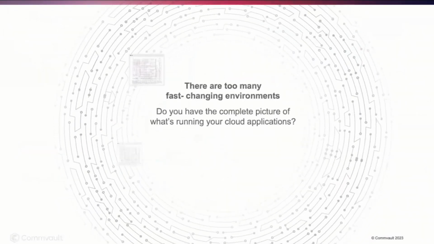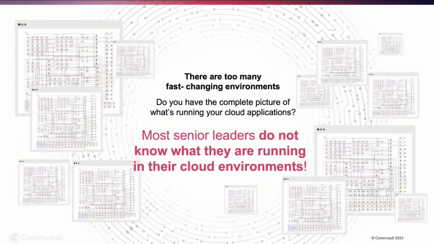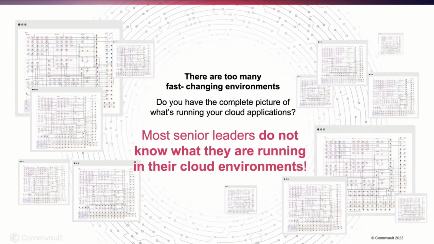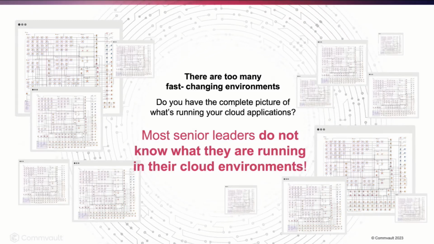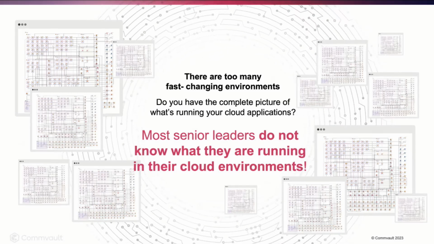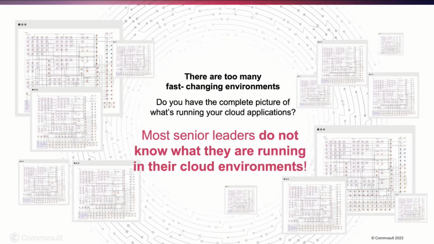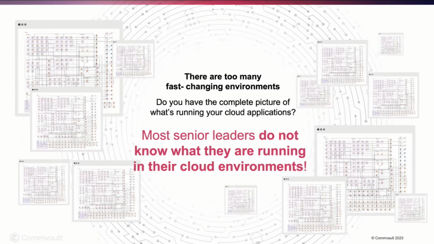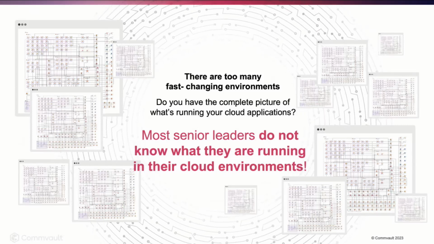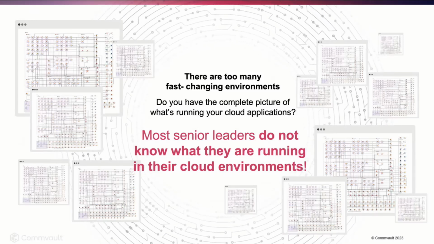The third thing that we notice is that the scale of these environments is also much higher, right? What used to be a simple data center application, if it was lifted and shifted or even created directly in the cloud environment, over a period of time, because you can logically create cloud accounts or separate VPCs, you'll end up seeing a lot more services running for your applications, even if you took logical separation of dev test versus performance test versus your production applications.